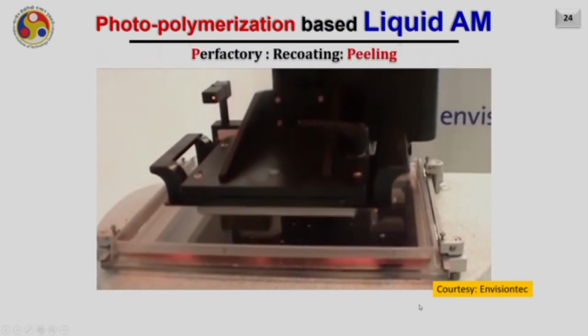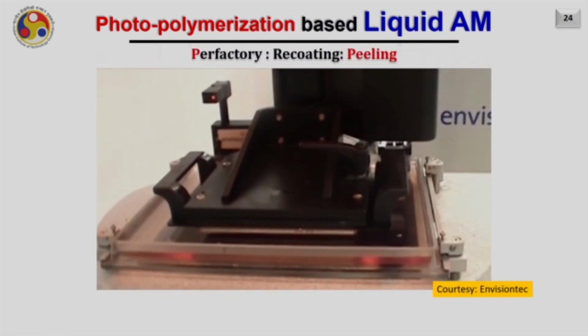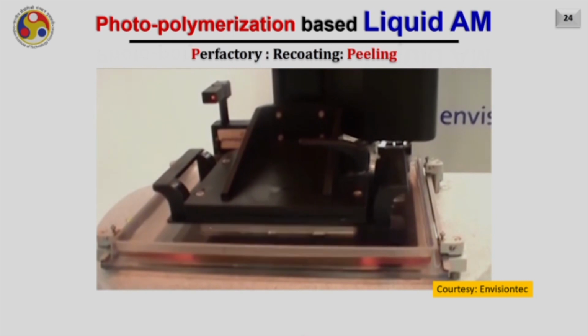So here one can see this is the conventional peeling method, in which you are pulling it straight up, right? And you can do this experiment also. You can take a vessel, fill it with water, and put a glass over it upside down and try to pull it up. The force required will be a good amount.